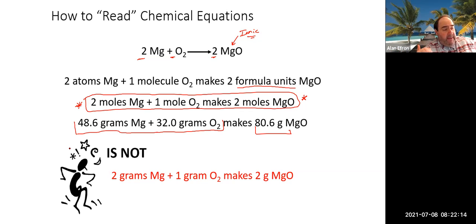That basically also means that if we started with a couple of magnesiums on the left, we should end with a couple of magnesiums there on the right. And because magnesium is the same mass on both sides, we'll end up with the same amount of magnesium on each side in terms of the mass.